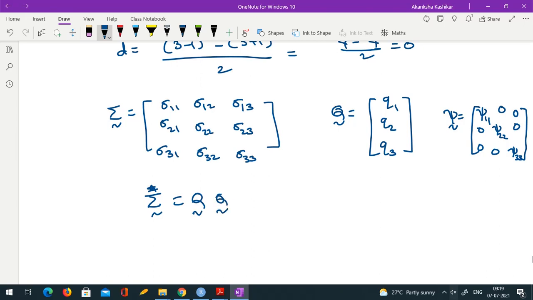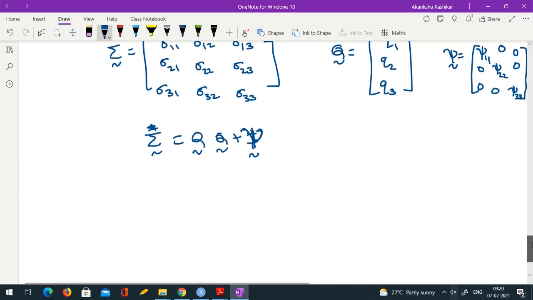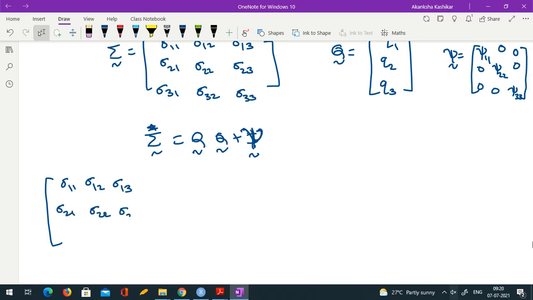Okay. So can I actually try to get sigma, let us assume we know actual sigma, so we don't need hat, as QQ prime plus psi? Means, can I actually find values of Q and psi to satisfy this equation? So let us try to write sigma 1 1, sigma 1 2, sigma 1 3, sigma 2 1, sigma 2 2, sigma 2 3, 3 1, 3 2, 3 3.